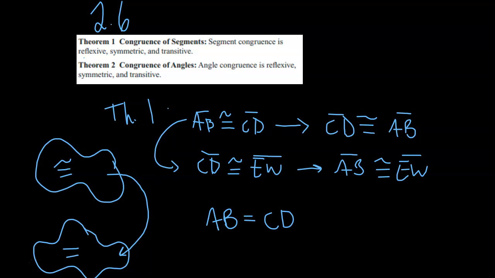So things like switching the order for the symmetric, or putting them together for the transitive. And then once I get my result, I then use the definition of congruent segments once more and put it back into congruence. And so that's a sort of proof which relies heavily on moving things into the equal sense. And we did some with that when we considered adding angles and things like that. So that's a move that's very common. For the sake of this video, I'm not going to go into details of that.